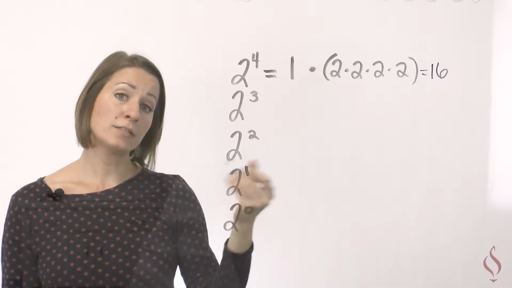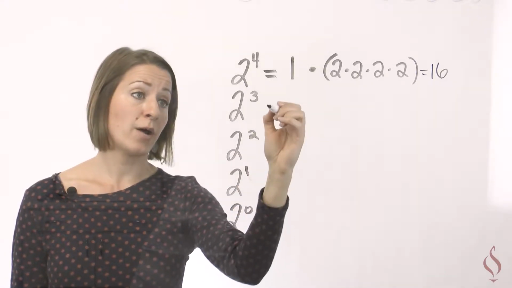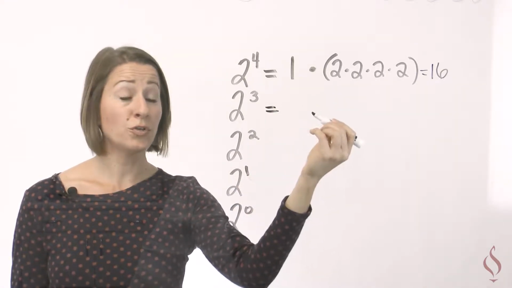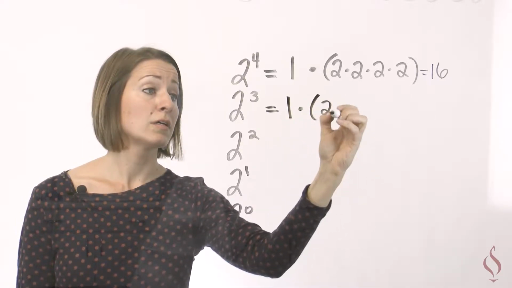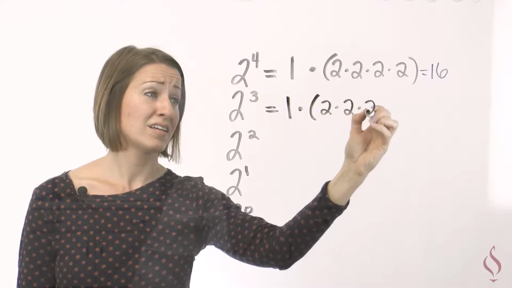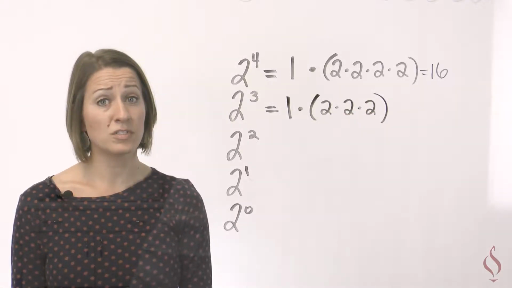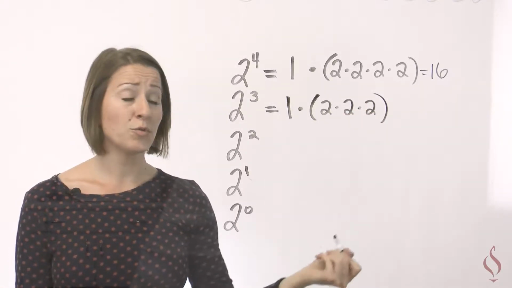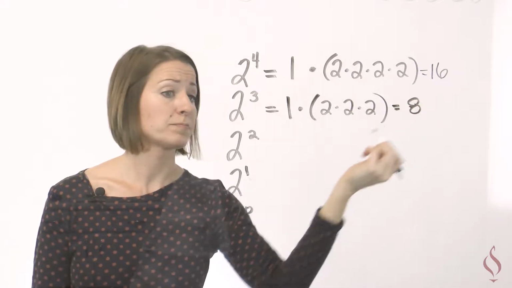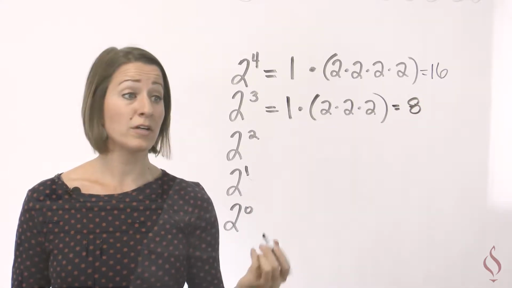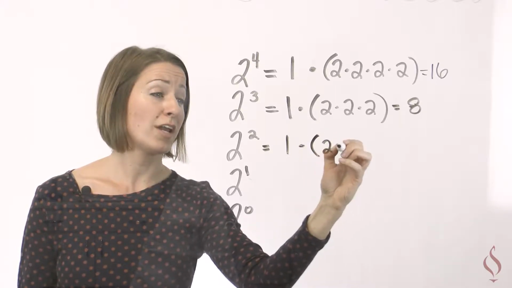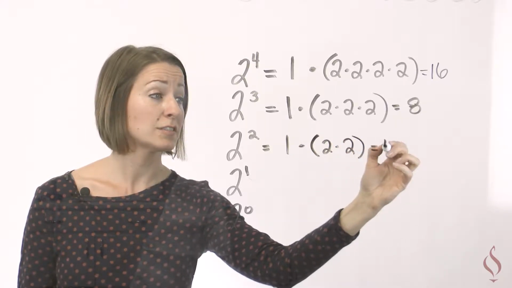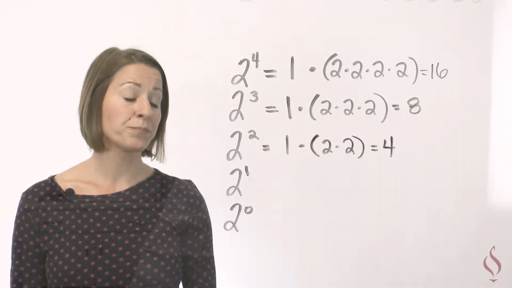All right, so let's move on. 2 to the 3rd power, or 2 cubed, would be 1 times the product of 3 2's. And that one would be 8. And then 2 squared is 1 times the product of 2 2's, which is 4.